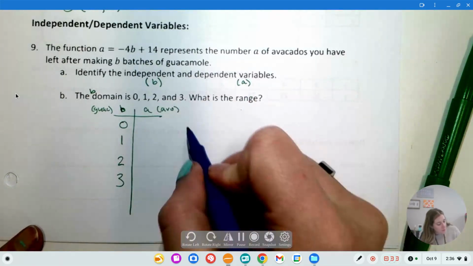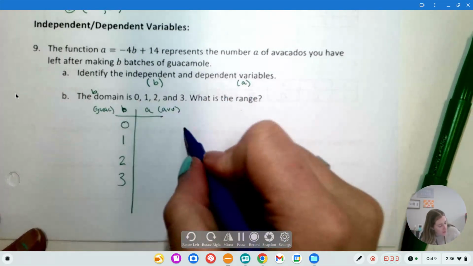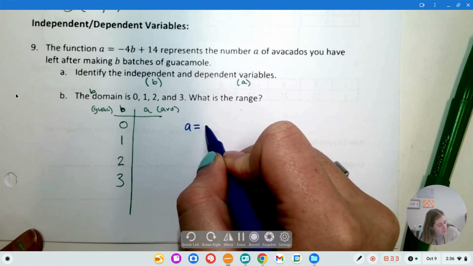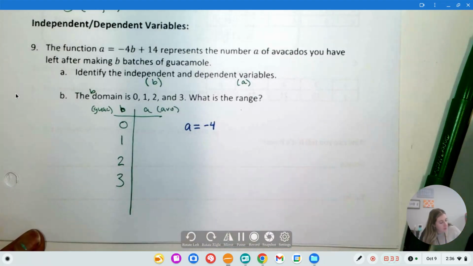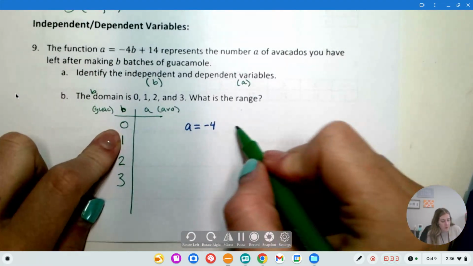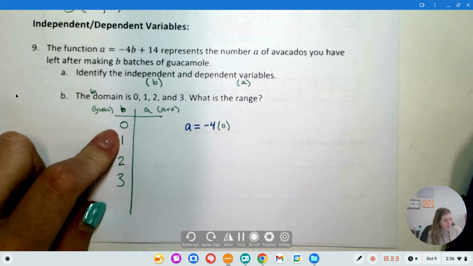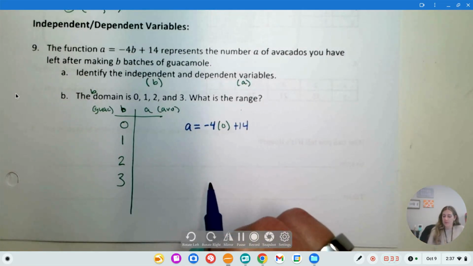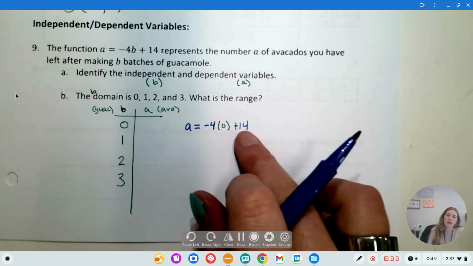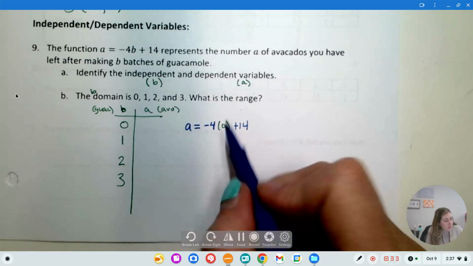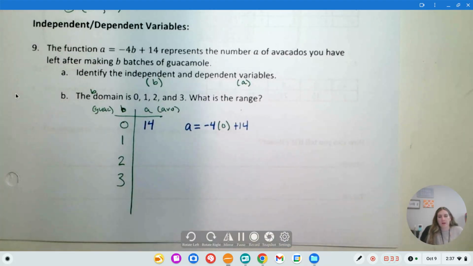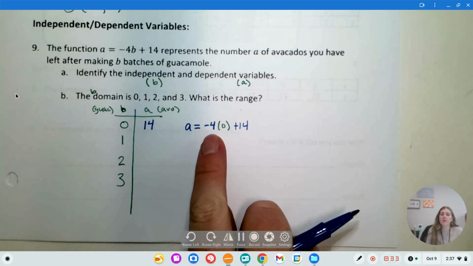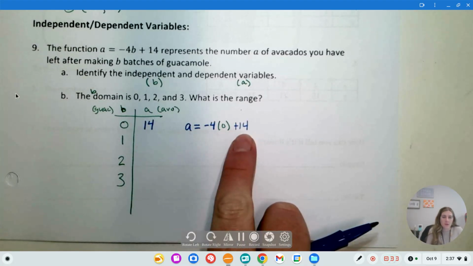So using my equation, I'm looking for A. So I've got -4. Okay, now B, I have B. That's 0 plus 14. So if you don't have a calculator handy, this ends up being 14 avocados left, because -4 times 0 is 0 plus 14.